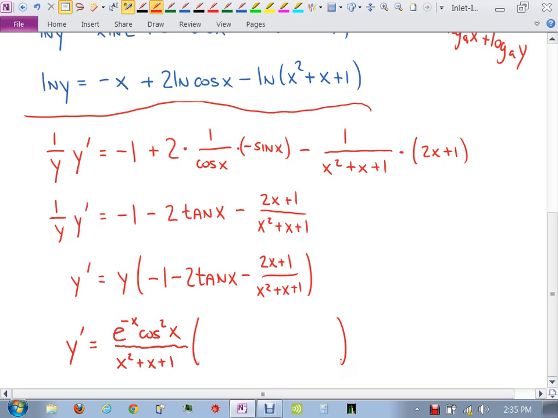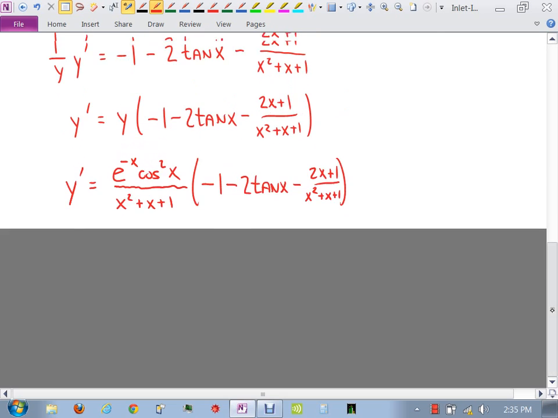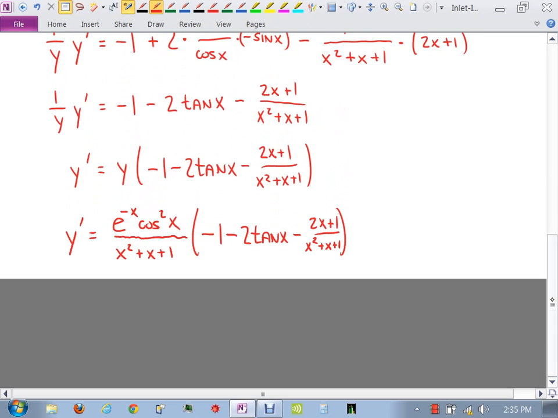Times, in parentheses, negative 1 minus 2 tangent x minus 2x plus 1 over x squared plus x plus 1. All I do is replace the y with what y was in the original problem, right?